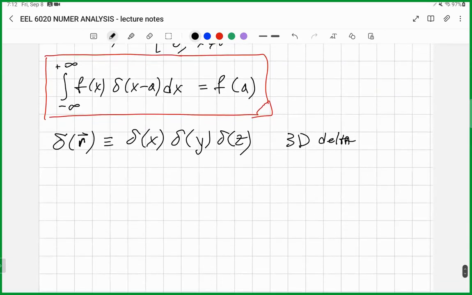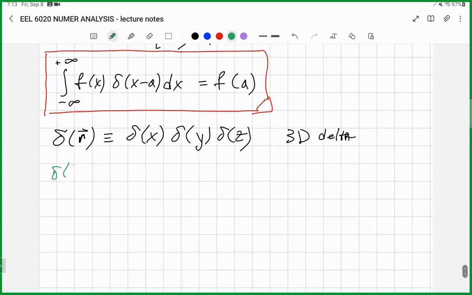And why do we need this delta function? The delta function allows us to describe systems of many charges.